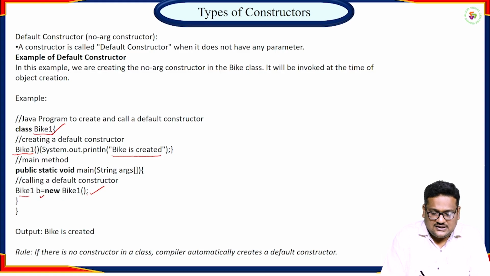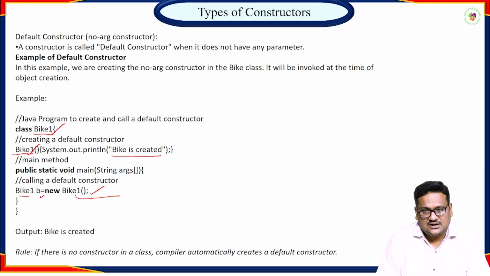In this case, are there any constructors? The constructor will be invoked. Here the Bike1 constructor will be invoked. If you observe the Bike1 constructor, there are no arguments over there. So simply it is giving us the statement "Bike is created". So this is called what? A default constructor. So here the output is "Bike is created".